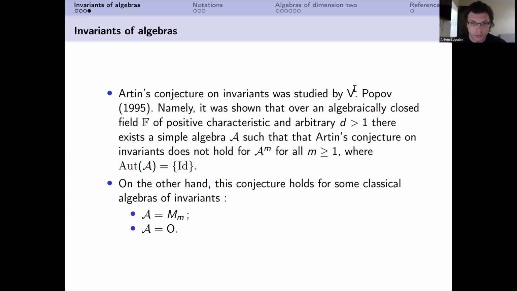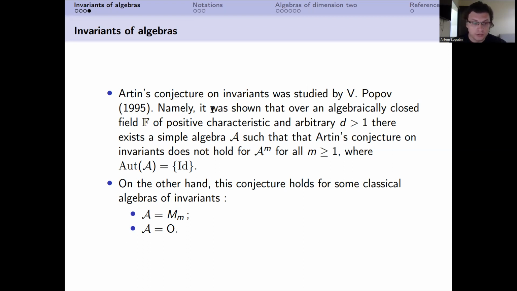It's not equal to invertible matrices, but we can think about it as invertible matrices. This is a very classical case, and it was conjectured by Artin that this algebra of invariants is generated by traces. Later, it was proven by Procesi, and by Sibirsky independently as well, that this is the case.